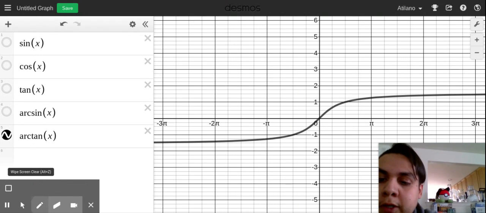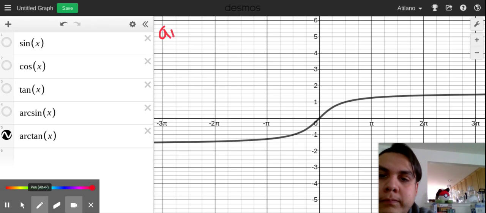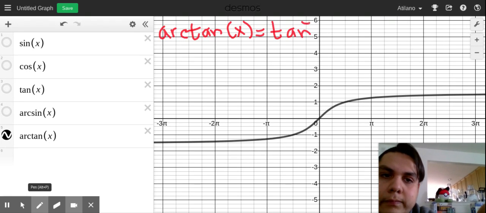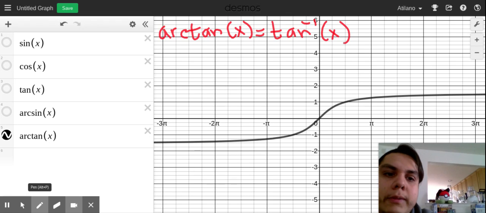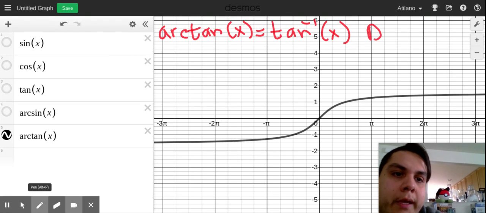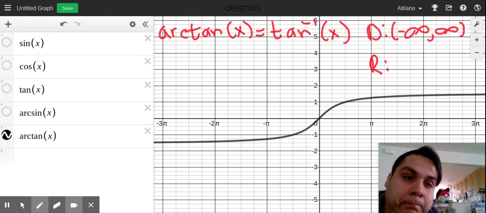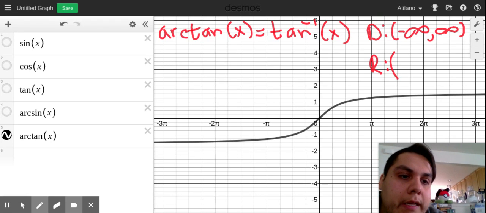So, here's what I know about arctan, which is also known as tan inverse of x. Its domain is actually all real numbers, but its range is from negative pi over 2 comma pi over 2.